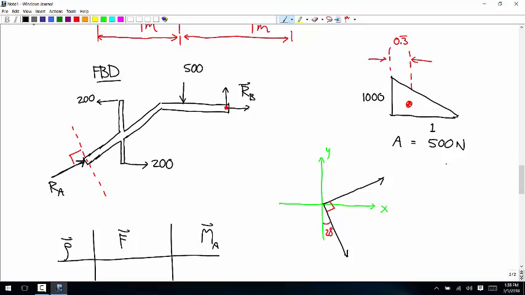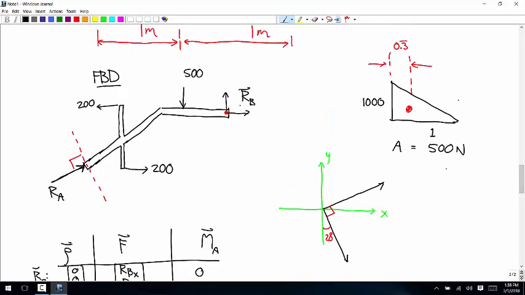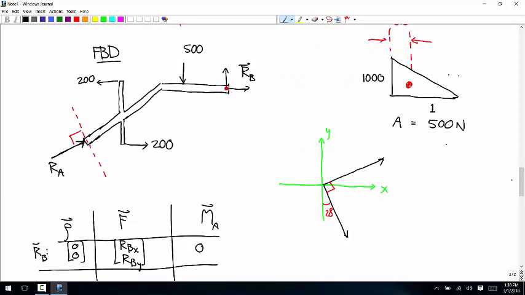So first, the force RA, that's at the about point, so no rho vector. RB, yes, thank you. The force vector is RB X and Y. And the moment is 0. The next one is this 500 Newton force. We know that it's 2/3 of the way from here to here, and this distance is 1.